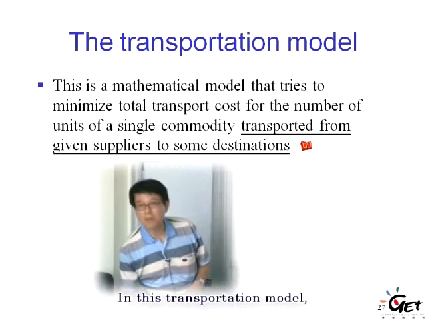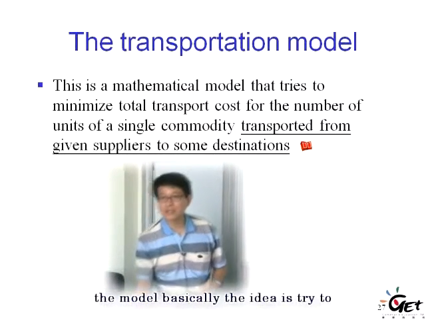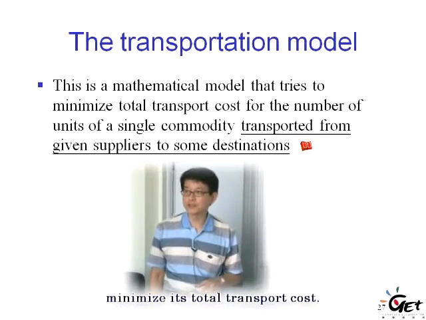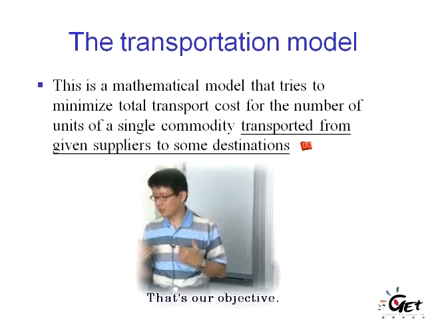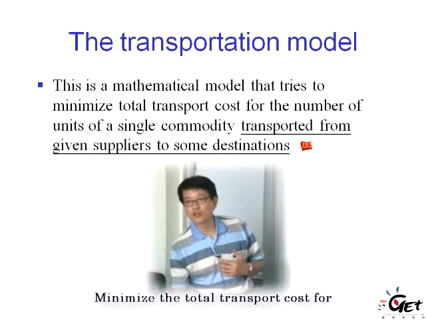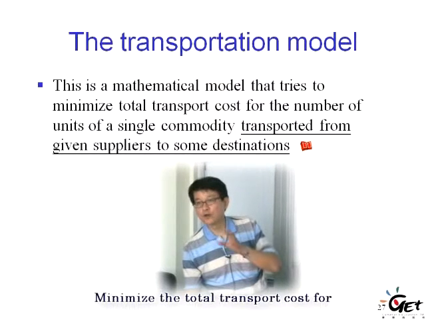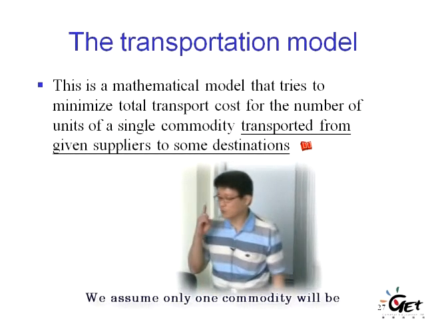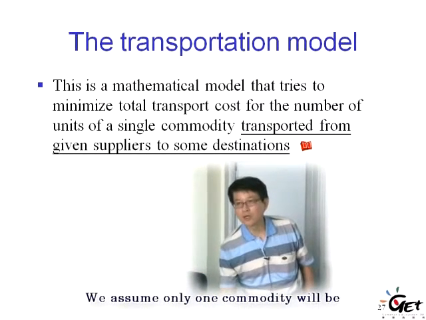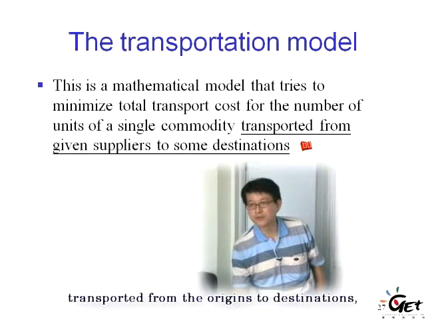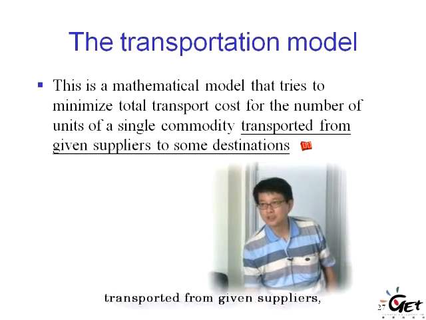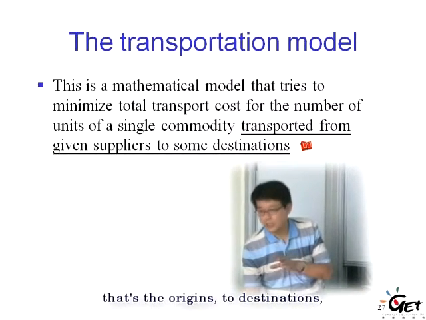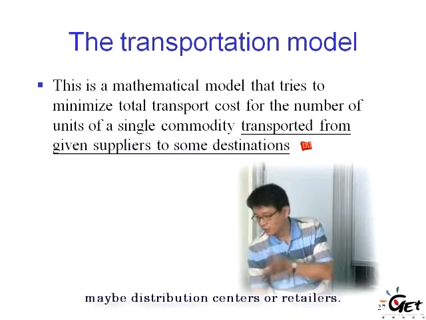In this transportation model, the idea is to minimize total transport cost. That's our objective. We minimize total transport cost for the number of units of a single commodity. We assume only one single commodity will be transported from given suppliers, the origins, to destinations, maybe some distribution centers or retailers.